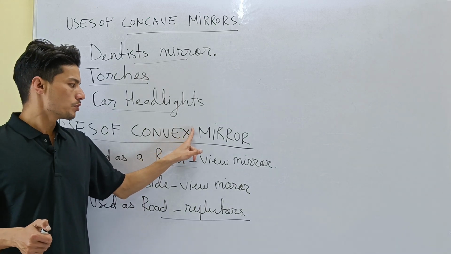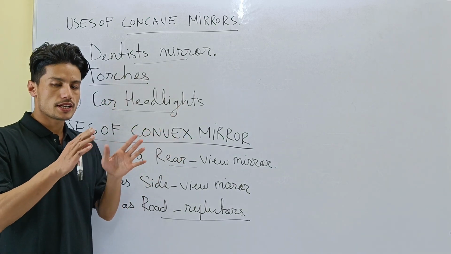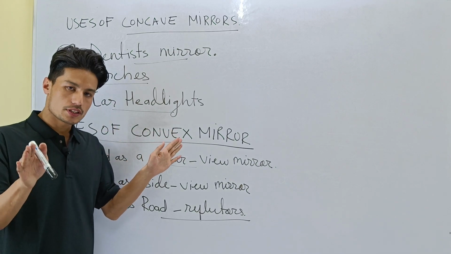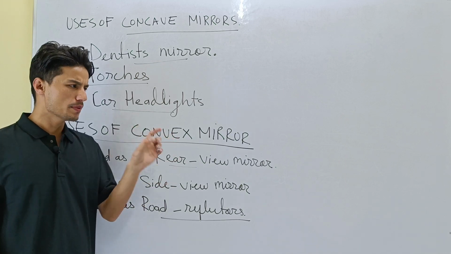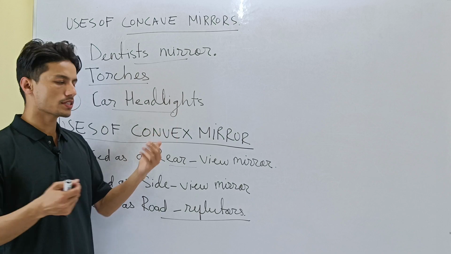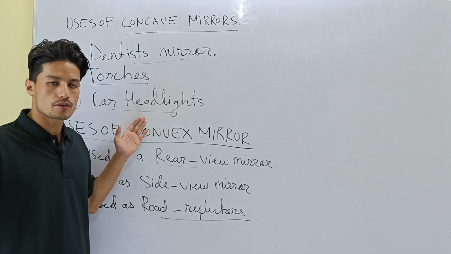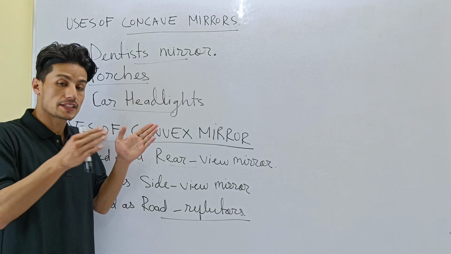And we use convex mirror there because convex mirrors, like I said earlier, produce a wider field of view, thereby you can see so much in a convex mirror. The images may be small, but still you can see behind you also. If you go and stand near a concave mirror, your face itself may cover up the entire mirror, because concave mirrors produce a magnified image.